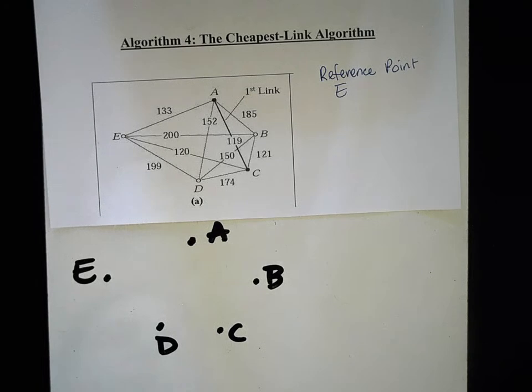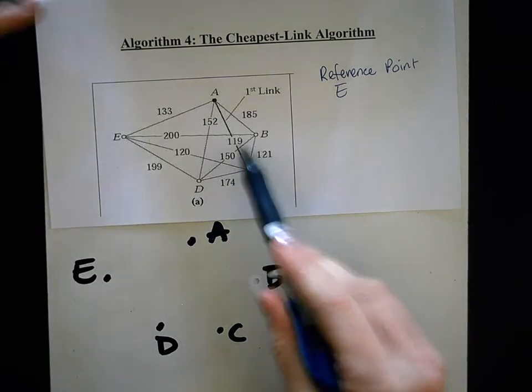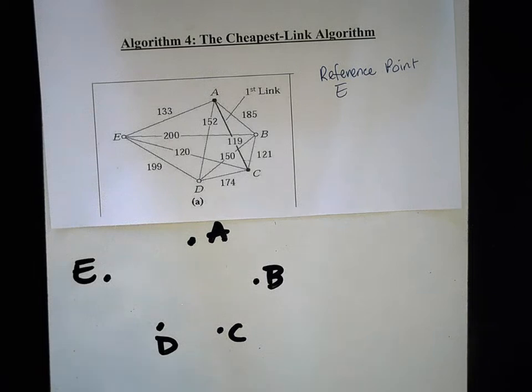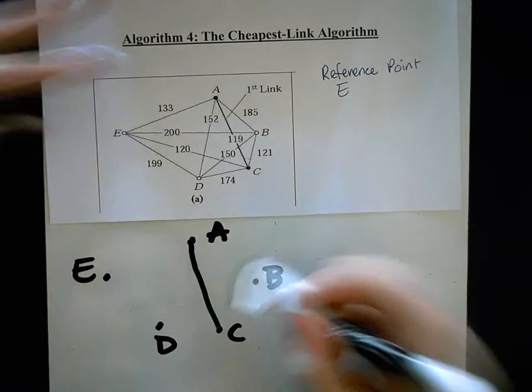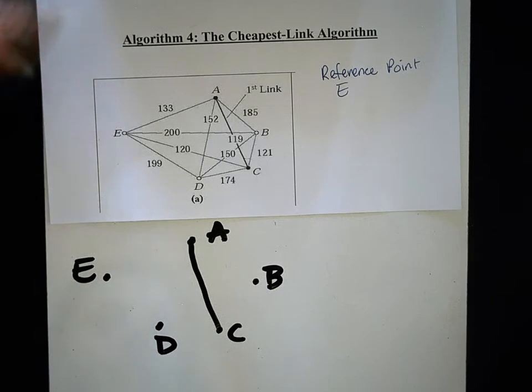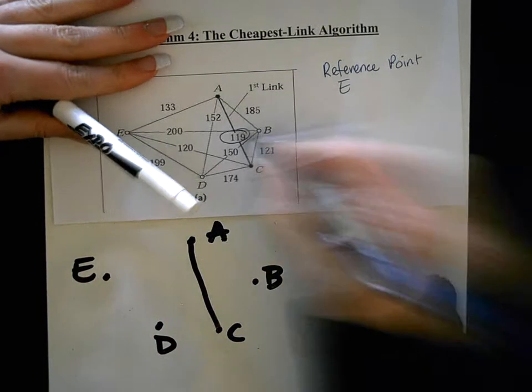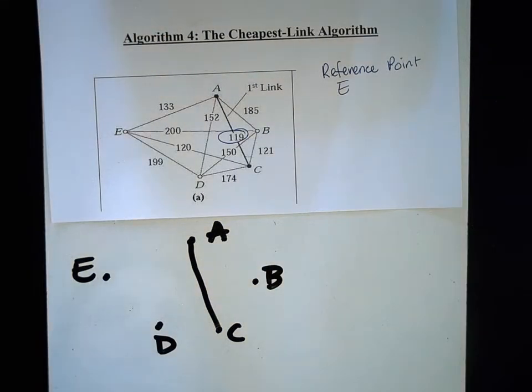So what we're going to look for is the number that is the smallest number in this model. And if you look, 119 is the smallest. The next smallest, and see how it's not touching E at all, and that's fine. We don't worry about writing it at E until the very end.